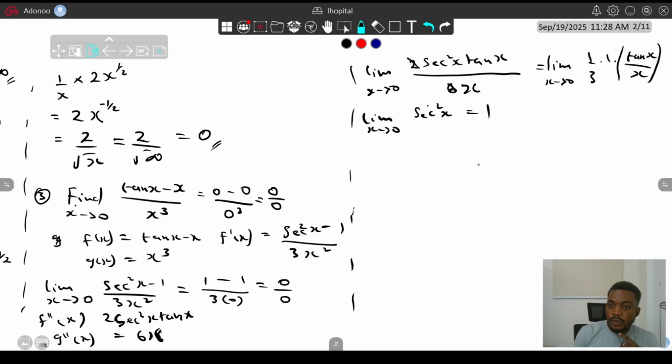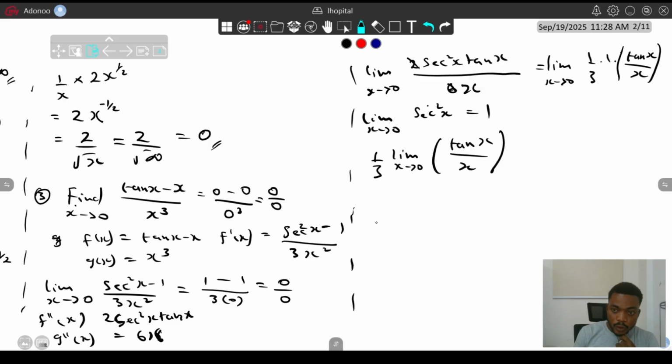So if we continue, we can come down here and say that we bring the constant terms out: 1 over 3 times the limit as x approaches 0 of tan x over x.